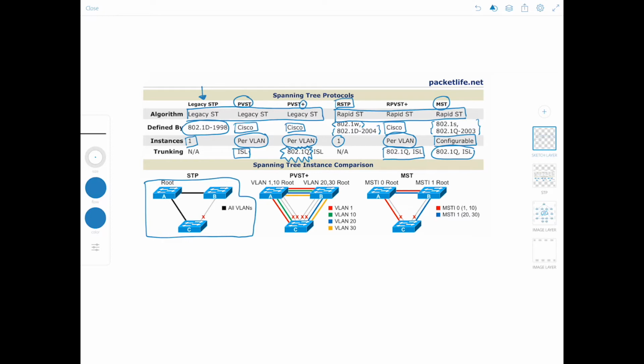But compared to PVST+ here that has per-VLAN implementation, you can see that you can have different links forwarding and blocking for different VLANs.